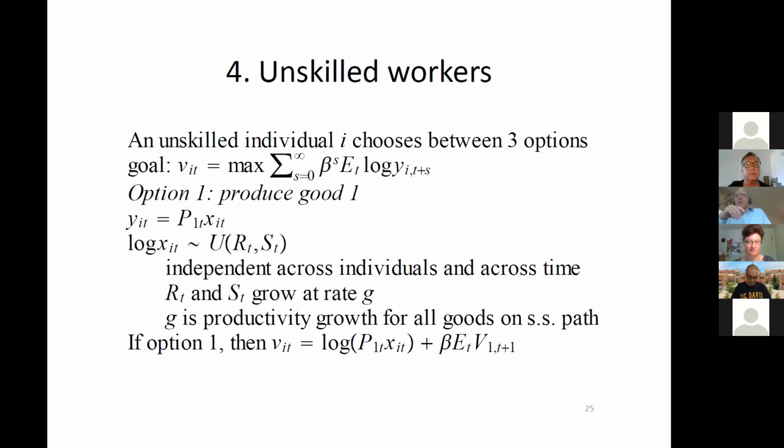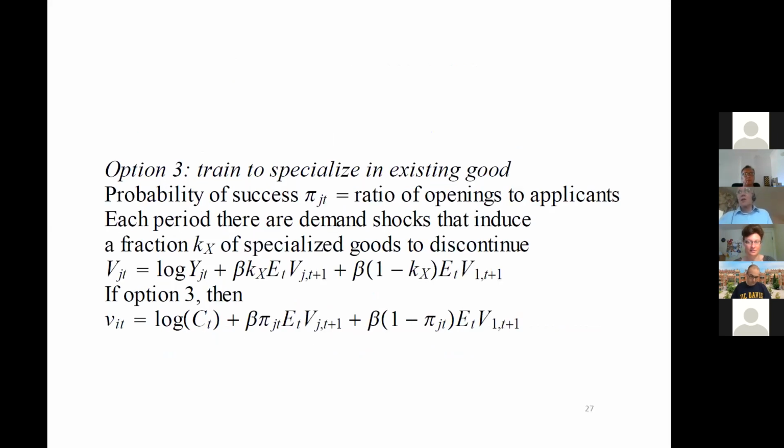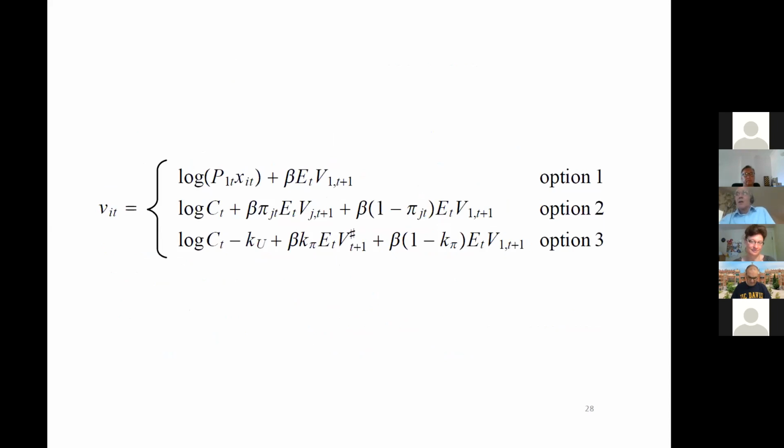Yeah, so the three options: you can produce good one, and you have some productivity at doing that, and you can try to create a new good. You've got some chance that that's going to work, some chance it's not. You can try to train to join an existing team if they're hiring, and there's some probability, determined in equilibrium, that you're going to be successful with that.